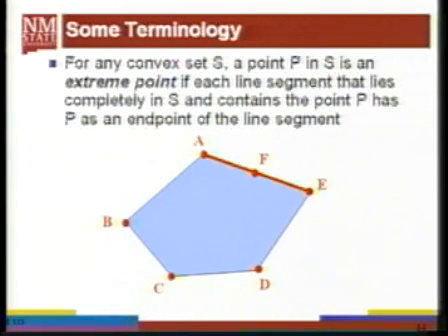And AE lies completely in S, but F is not an endpoint of the line segment AE. That's why F is not an extreme point, okay? Now you can see which one is an extreme point and which one is not, right?